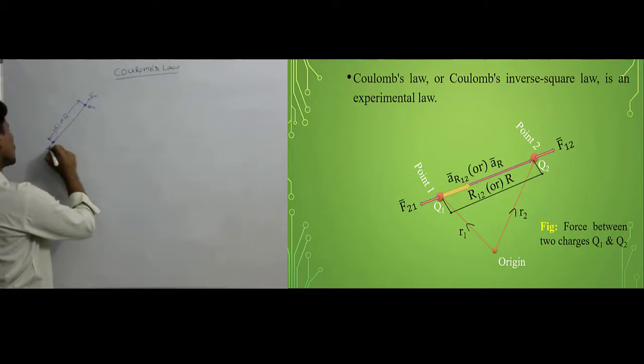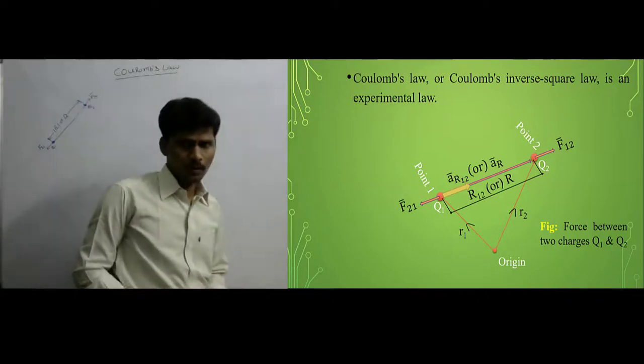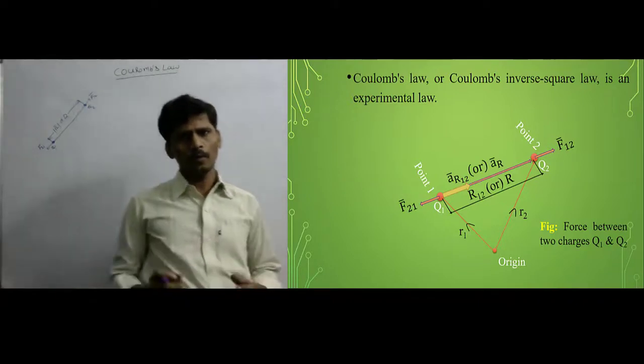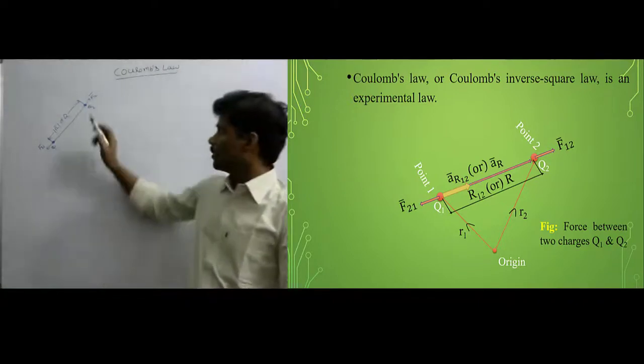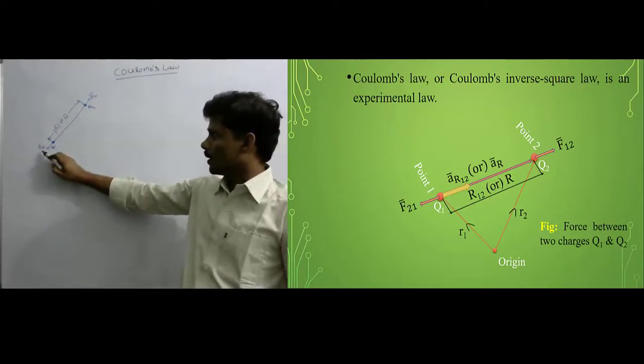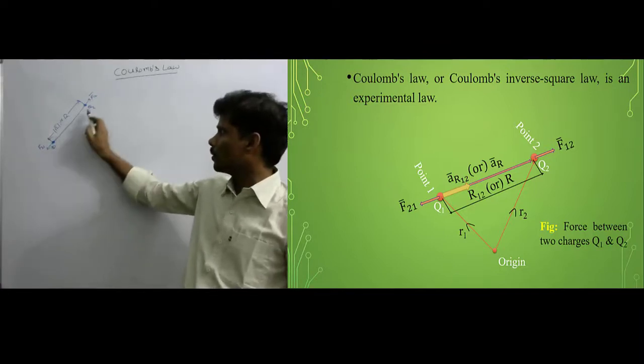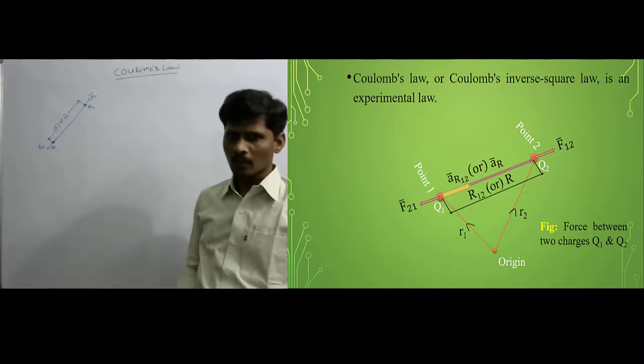Along this direction the force is F21 bar. F12 bar means the force on charge Q2 due to Q1, and F21 bar is the force on charge Q1 due to Q2.